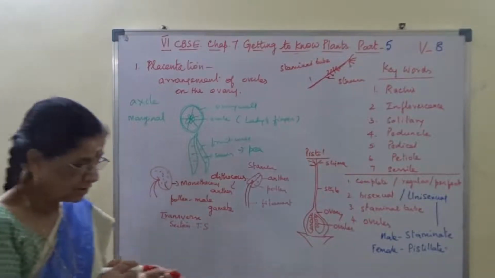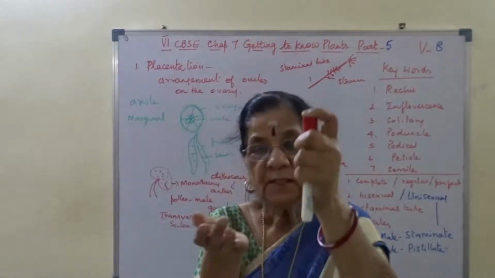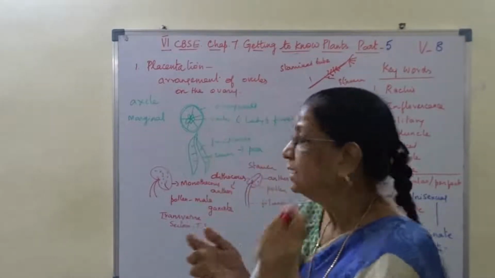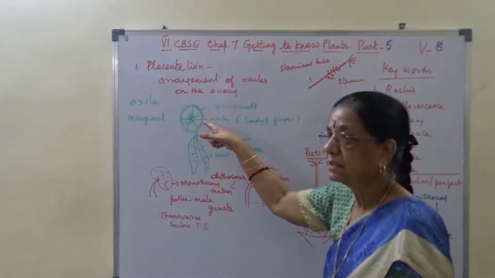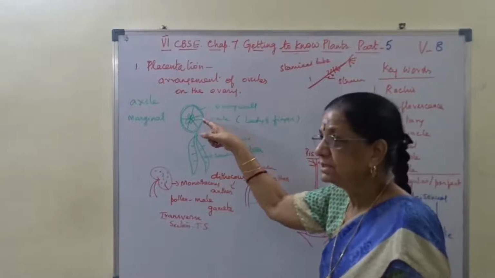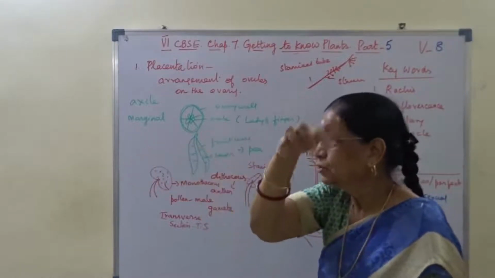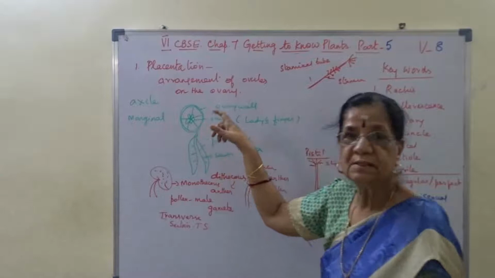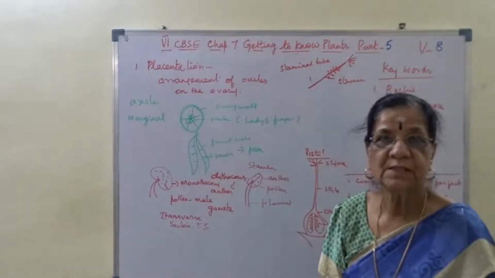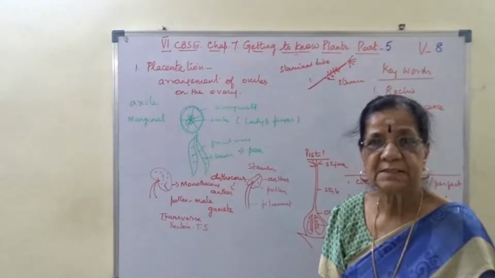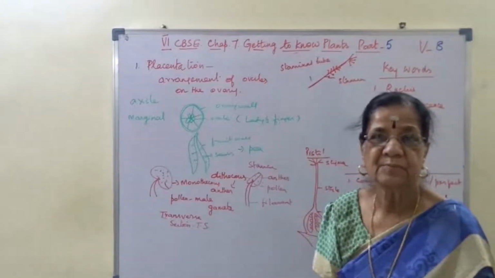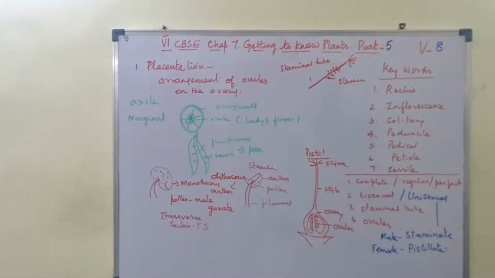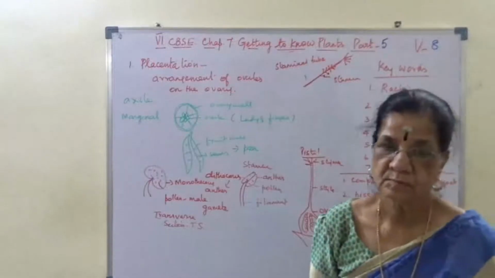Okay. So here again, this is a whole part. When you cut like this, we get a surface like this. So this is called transverse section. We'll just continue.